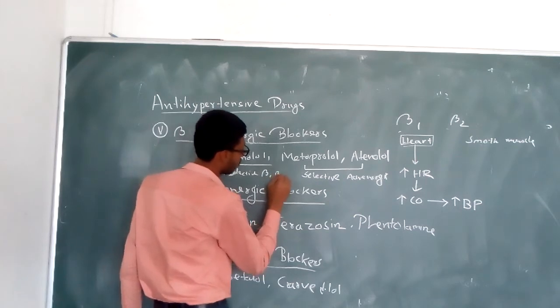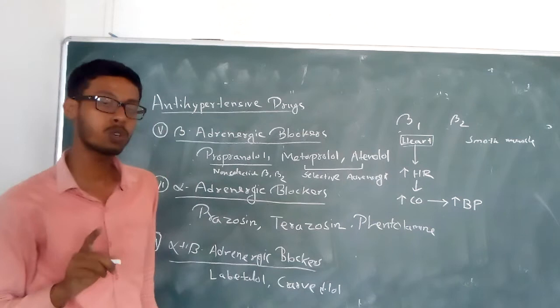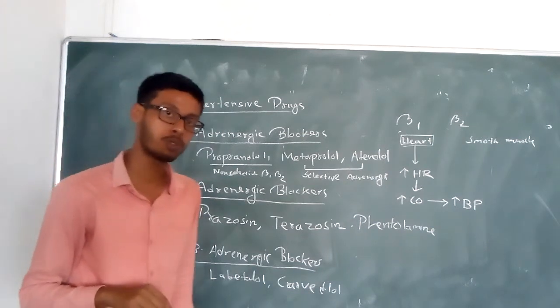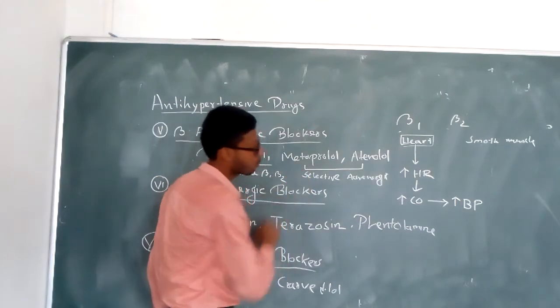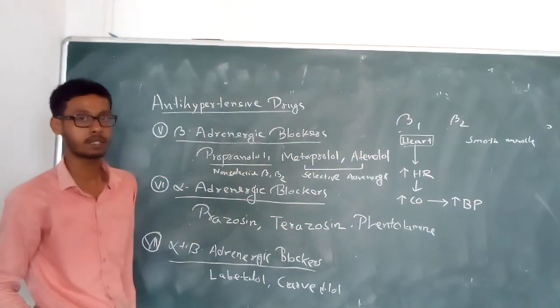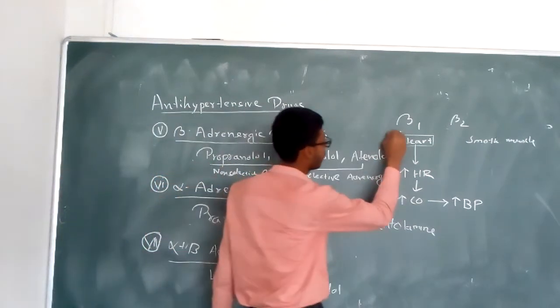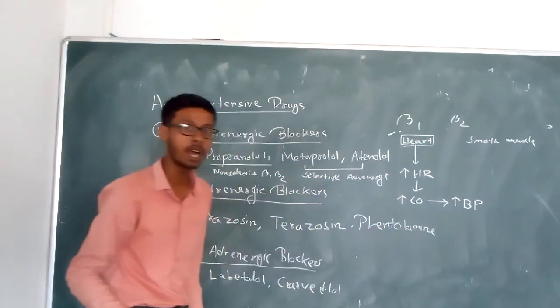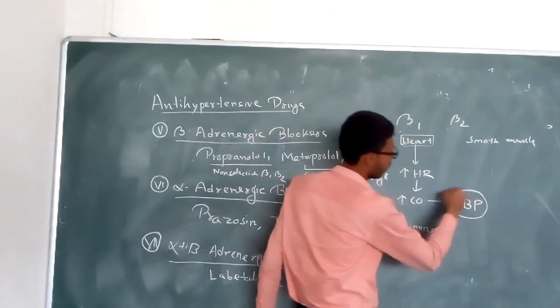It means the drug propranolol can show action on both beta 1 and beta 2 receptors, but metoprolol and atenolol show action only on the beta 1 receptor. The beta 1 receptor is situated in the heart, and it is responsible for increasing the blood pressure.